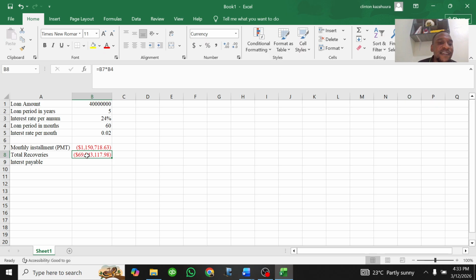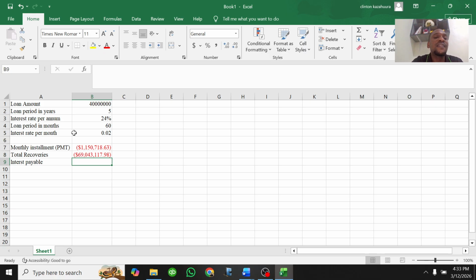But if you look at the 69, it is already a negative figure. So in order for me to get an appropriate formula to give me the proper difference, I will simply add the 40 so that I have the excess, which is a negative.